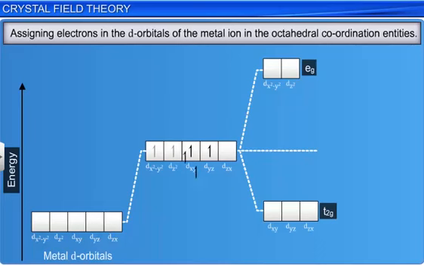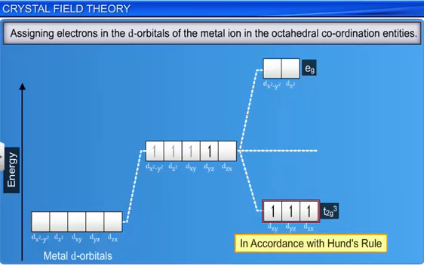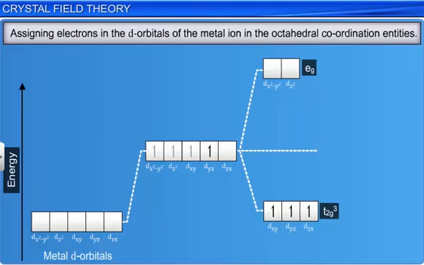However, for the fourth electron, there are two possibilities. The first possibility is that it may enter a T2g orbital and pair up with an existing electron there. The other possibility is that it may enter the higher Eg orbitals.